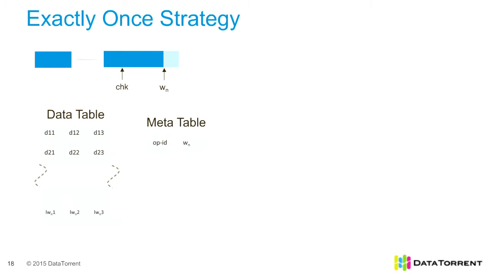So here in this picture, you see that the last processed window ID is WN. The meta table has a single row where we are writing WN and storing that information.